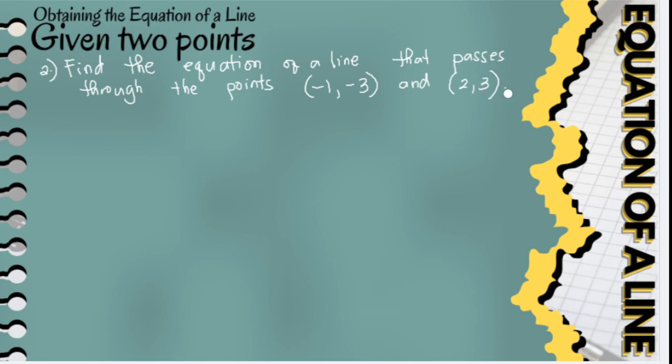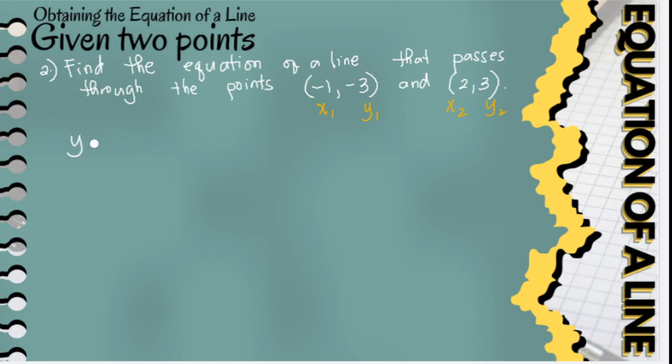Okay. So again, let us assign kung alin ang magiging x sub 1. Para hindi tayo nalilito, ito yung gagawin natin, x sub 1, this one is y sub 1, then this one is x sub 2, then y sub 2. Then again, the formula. So dapat ma-memorize natin yung formula, no?